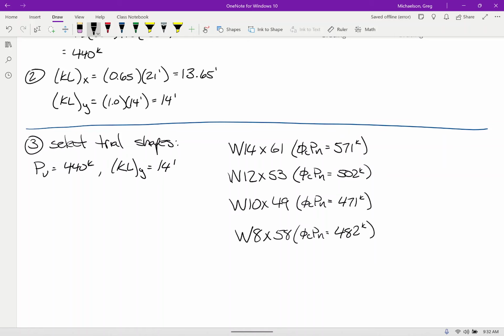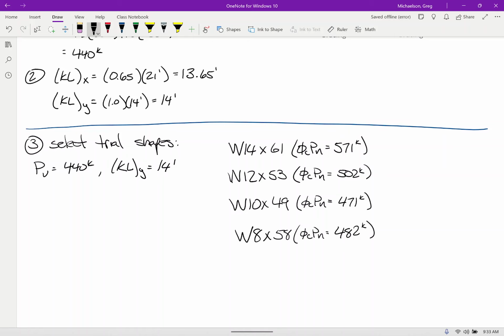Does everybody notice that there's only one page full of W8s? So it's very possible that if the loads get really, really high, that we aren't going to find one. Like, for example, if the load was 640 instead of 440, are there any W8s that work? Not at 14 feet.